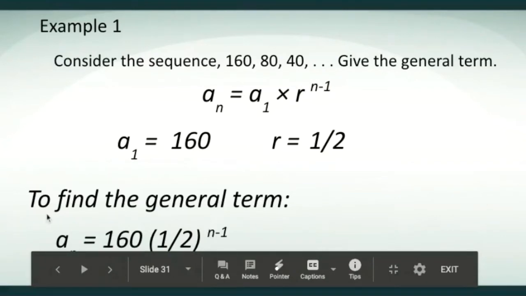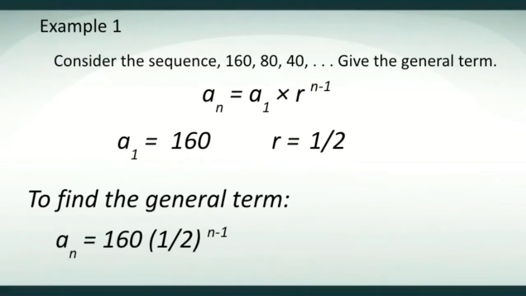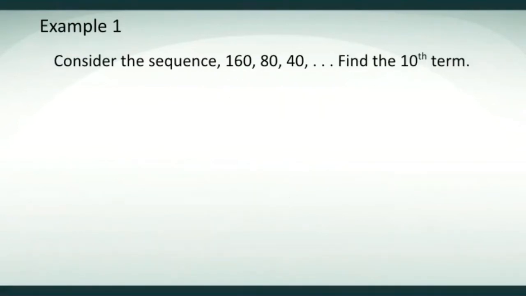It means that we are going to use this formula in order to find the terms that we need. For example, we are going to look for the 10th term of the geometric sequence. Since we already know the general term, a sub n is equal to 160 times 1/2 to the power of n minus 1, we will substitute the n.